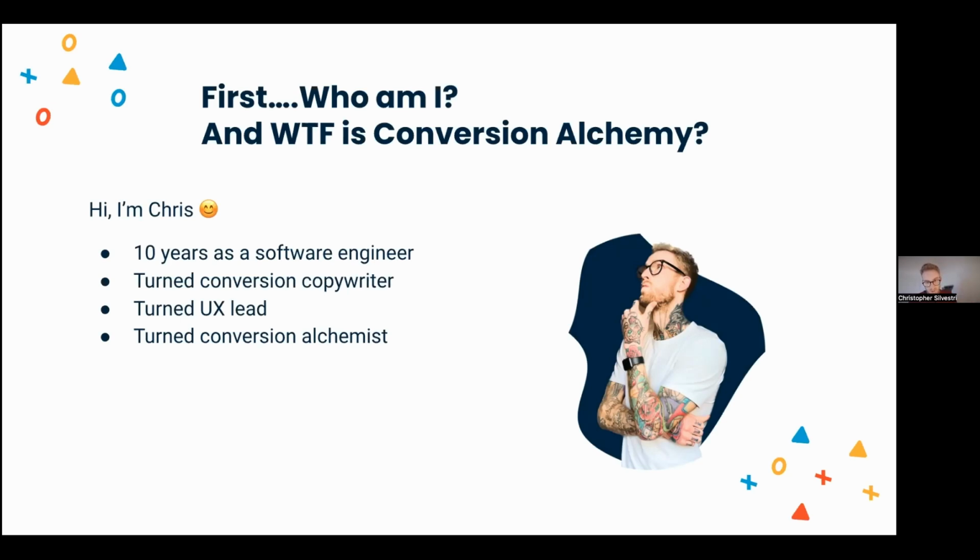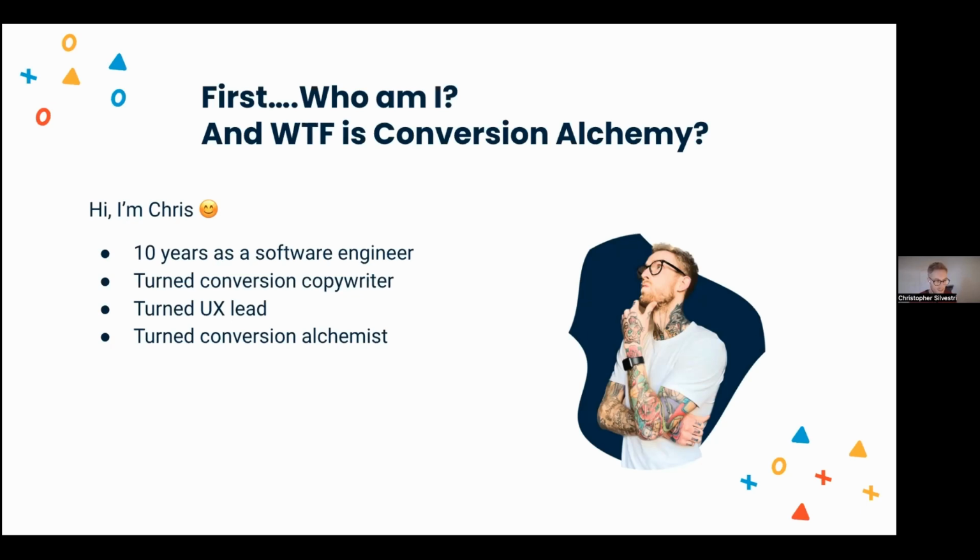Then I turned into a conversion copywriter in 2016, 17. Then I worked at an agency as a UX designer, UX lead, doing usability testing. It was an agency turned usability testing startup, Conversion Crimes, where I learned all of the stuff that I know about UX.